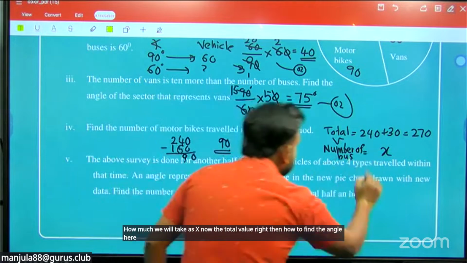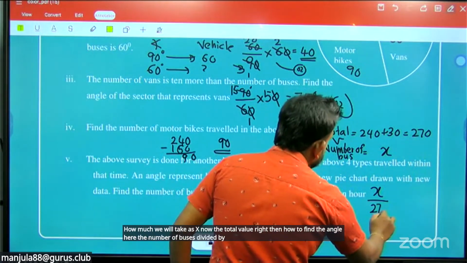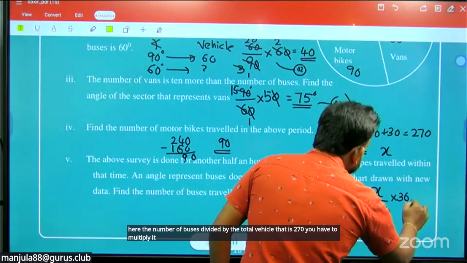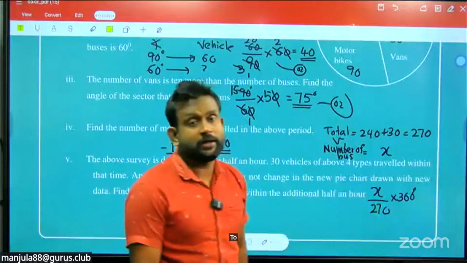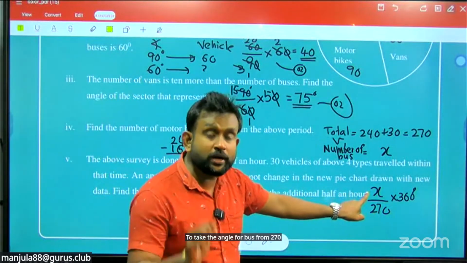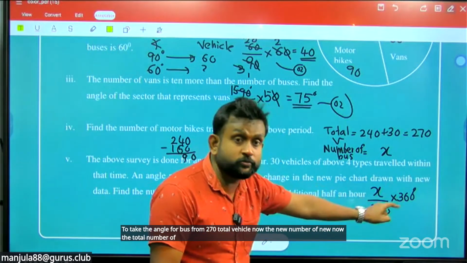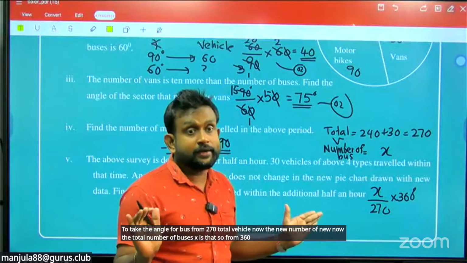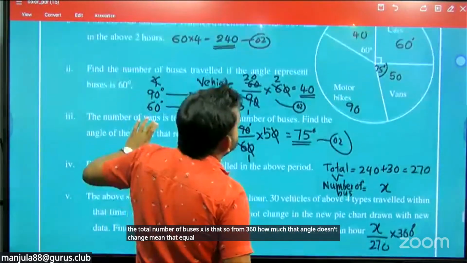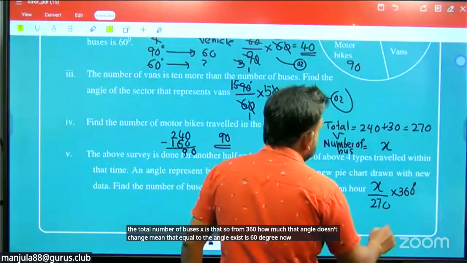The number of buses divided by the total vehicles, that is 270, we have to multiply by 360 to get the angle for buses. That angle doesn't change, it equals the existing angle, which is 60 degrees. Now that is to be 60.